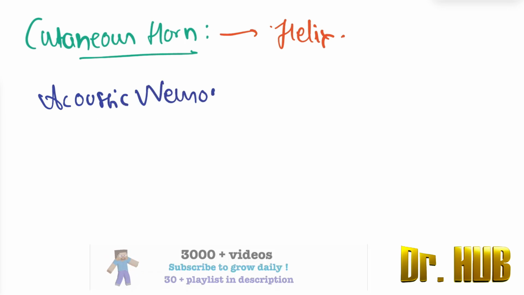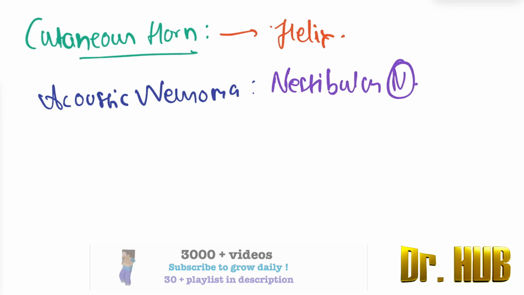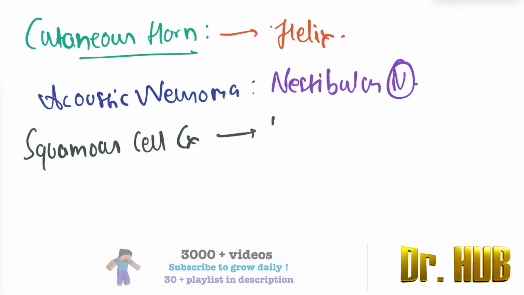The acoustic neuroma is present in the vestibular nerve. Next is the squamous cell carcinoma. The squamous cell carcinoma, the most common site is the helix.